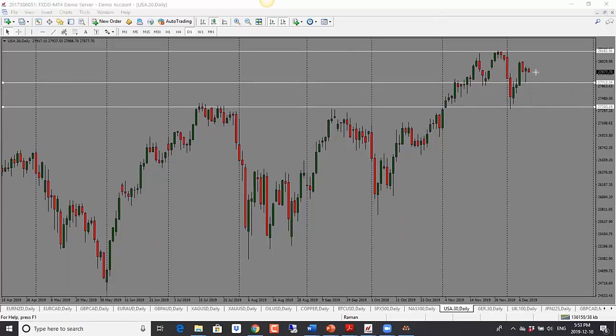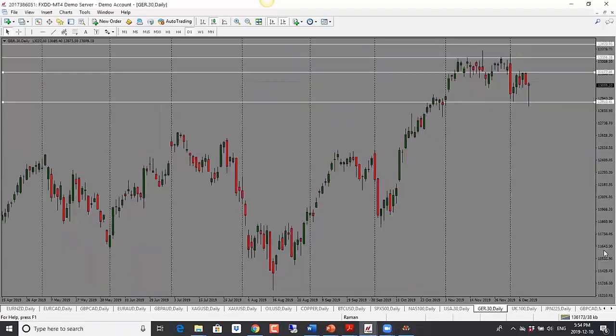But I would be very careful here and be mindful of the volatility as well as the comments that come out. So these days price really reacts to the comments, so just keep that in mind. And for the time here, bias is neutral, but looking for a drop towards 27,700.